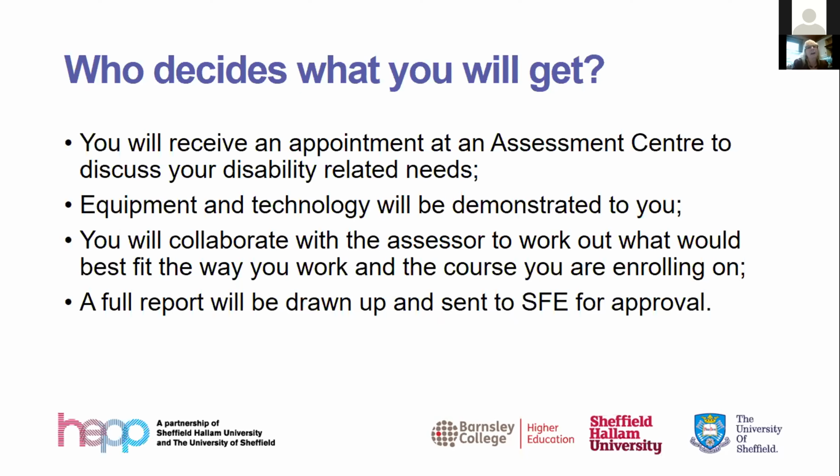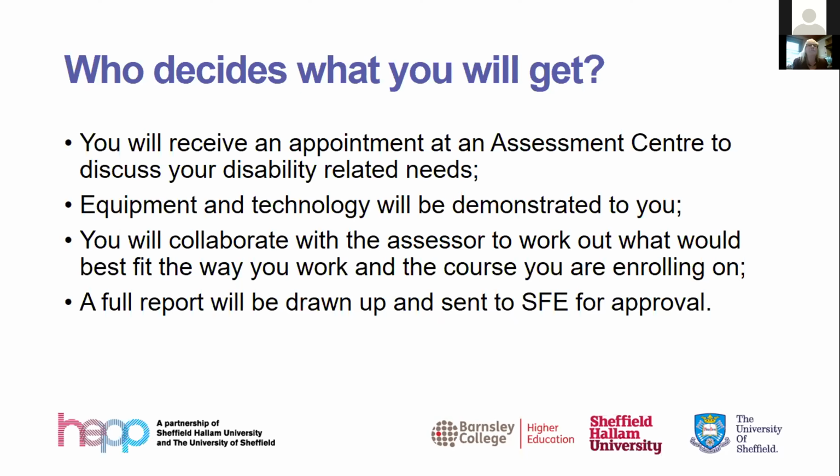So you get an appointment at the assessment centre. The assessor shows you technology, far more than we can tell you about. We know bits of what there is, which is why we can raise a flag for some aspects of the technology, but they will demonstrate the things to you. They'll demonstrate all the software, they'll demonstrate bits of hardware, and you get to make decisions about what would work well for you and what you might never use at all.